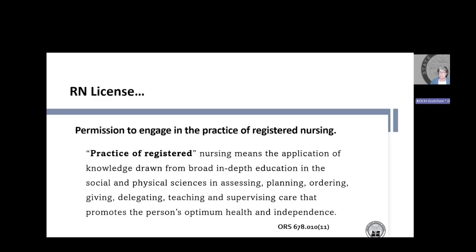For the purposes of public protection, the term practice of registered nursing is defined in Chapter 678 statutes and means the application of knowledge drawn from a broad, in-depth education in the social and physical sciences in assessing, planning, ordering, giving, delegating, teaching, and supervising care that promotes a person's optimum health and independence. This is what the RN license owner is expressly permitted to do upon receipt of their RN license.